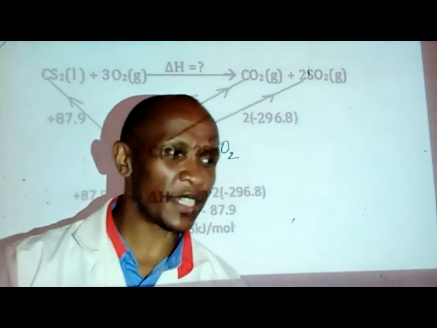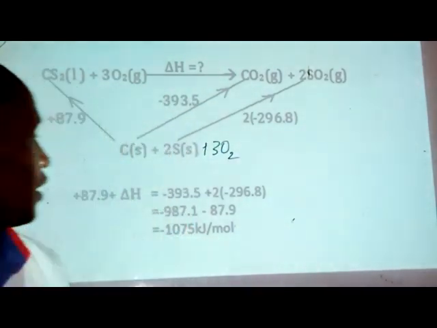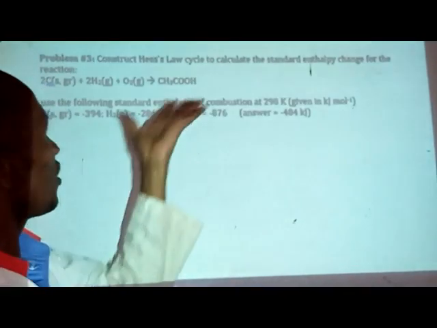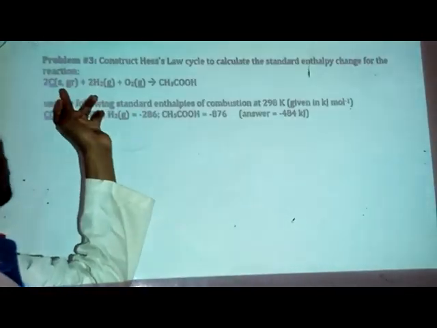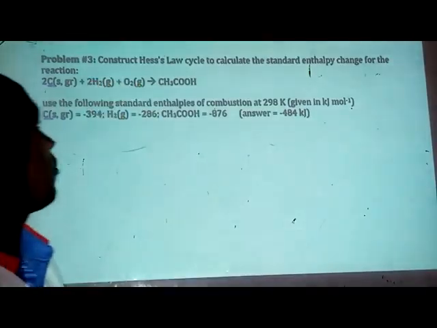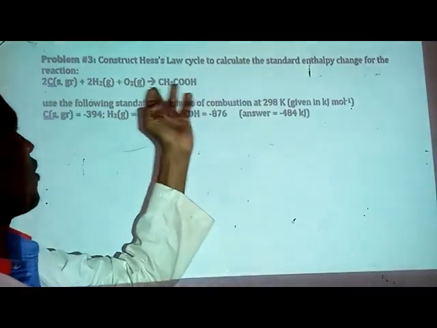You can practice with the drawing of energy cycles. I have a question for last. Construct a Hess law cycle and energy cycle to calculate the standard enthalpy change for this reaction: carbon in form of graphite and hydrogen to form ethanoic acid, given the enthalpies of combustion.